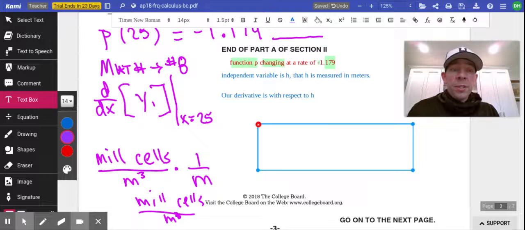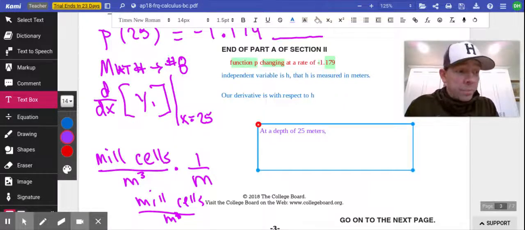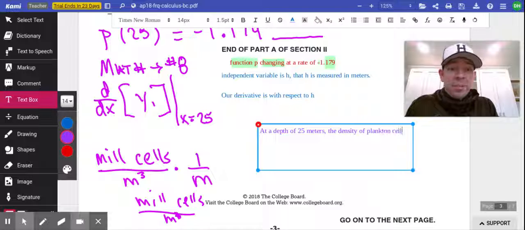So first of all, I want to address my specificity. I just like to get that out of the way. So I'm saying at a depth of 25 meters, okay? Now I basically want to describe function P, and we're going to say the density of plankton cells is changing.